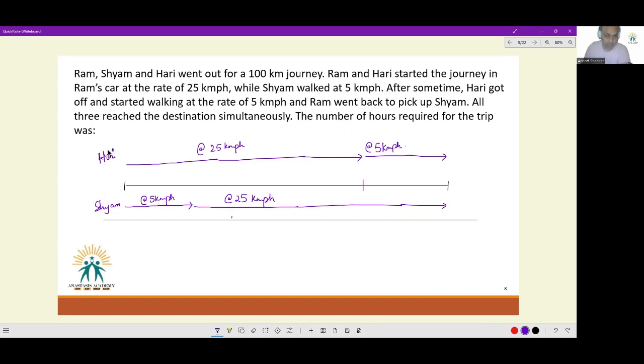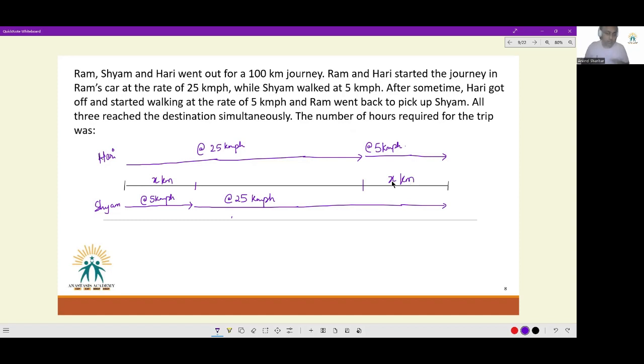Can you see, if Hari and Sham are reaching the destination simultaneously, can I say the spot from where Sham was picked up, or the distance traveled by Sham while walking and the distance traveled by Hari while walking has to be identical? This is x. This has to be x. If this range is x kilometers, this range has to be x kilometers.